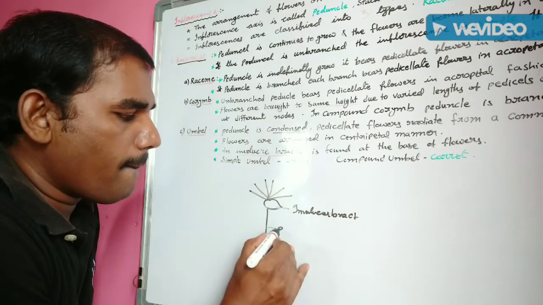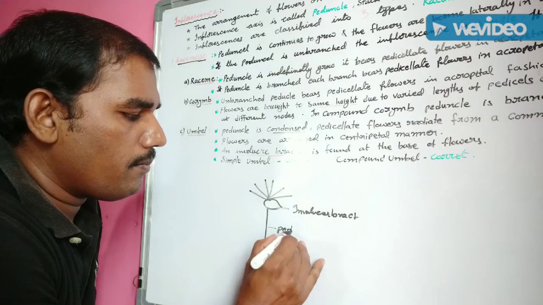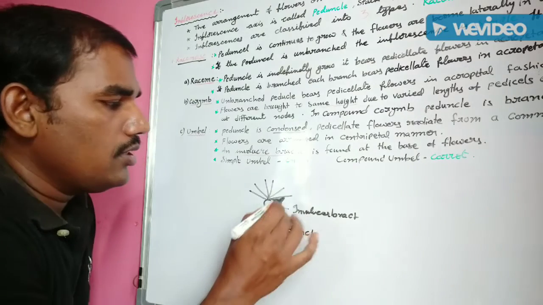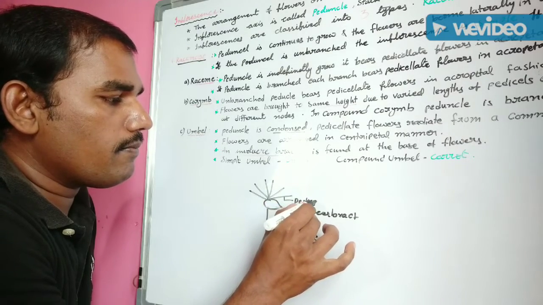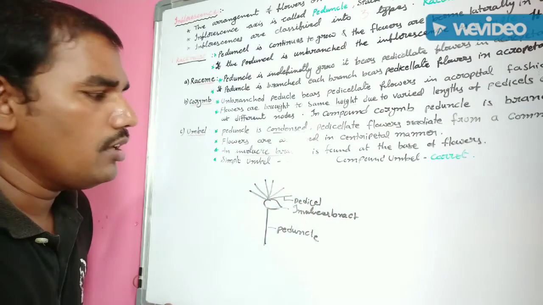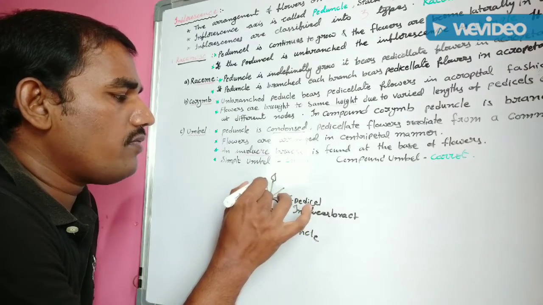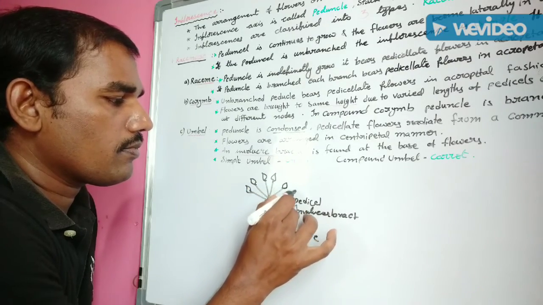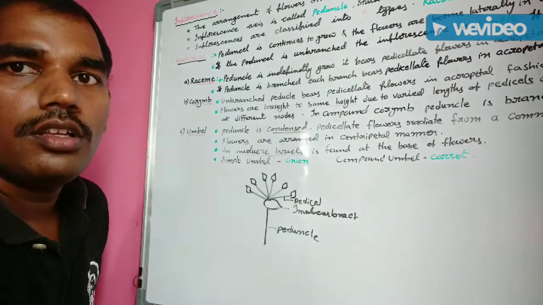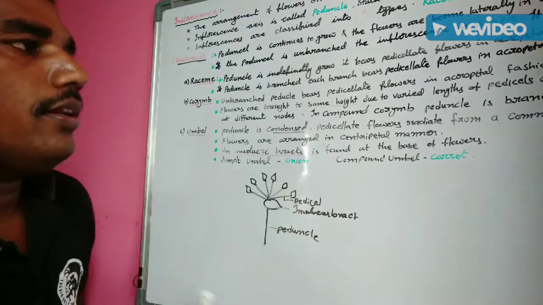This one is the peduncle. These are the pedicels. At the tip of every pedicel there is a flower. This type of inflorescence is known as a simple umbel.